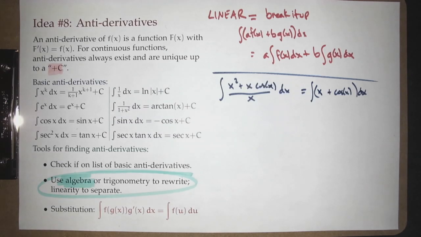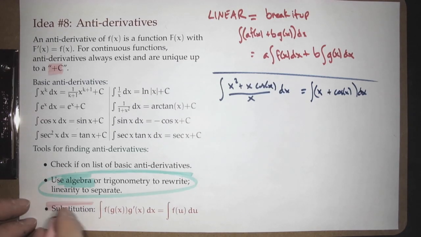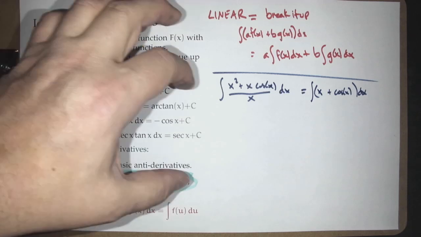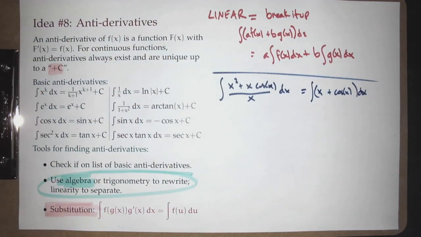The other thing to be wary of, and it's probably the most useful thing when it comes to doing antiderivatives, is substitution. It's your go-to tool. After knowing your basic antiderivatives, in other words, after knowing these 8 antiderivatives that you see up here, substitution is your biggest friend.